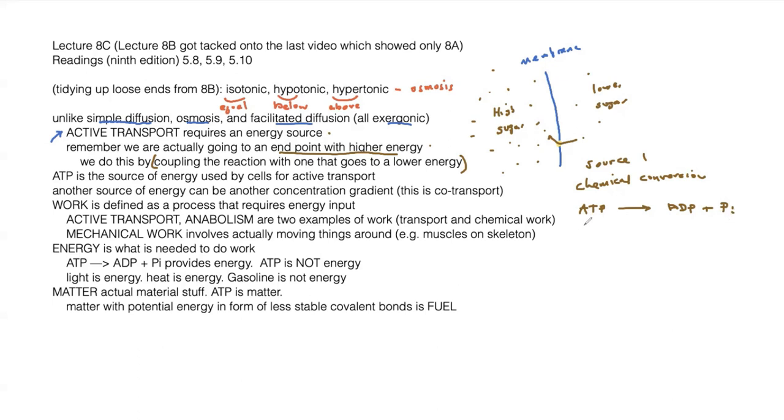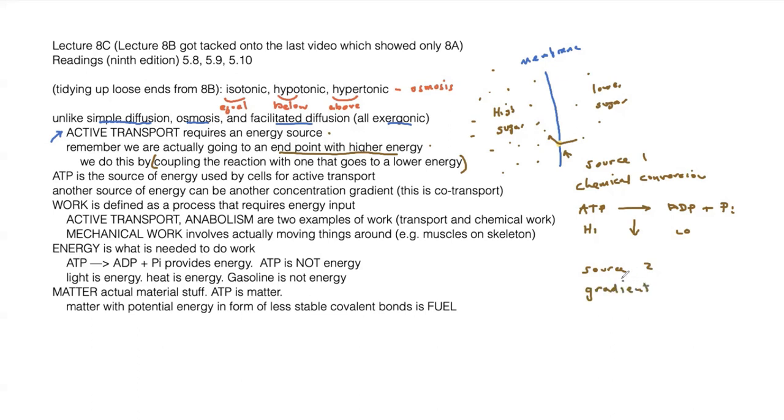So this is basically high energy on the left, low energy on the right, and so we're using the energy released from here to go into here to drive the movement of sugars from the right side, where they're at lower concentration, to the left side, where they're at higher concentration. Okay. Source number two, okay, might be a chemical gradient.